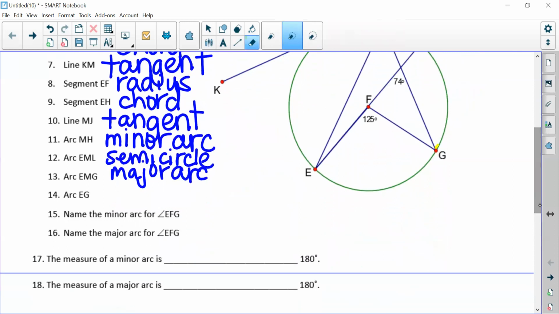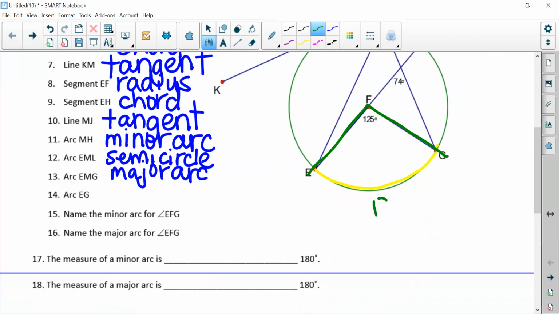Number 14, they asked us about arc EG. Okay, we know that because central angle EFG goes with arc EG, that the measure of arc EG is 125. Okay, because that is our formula or definition.